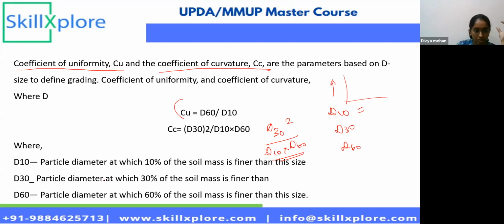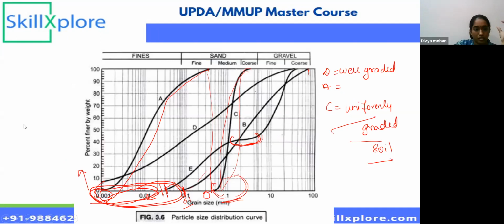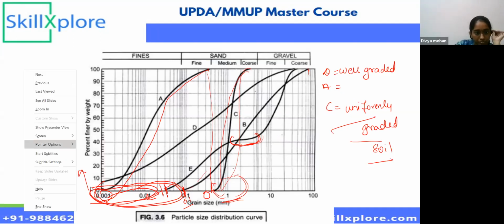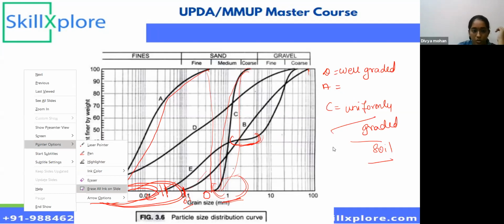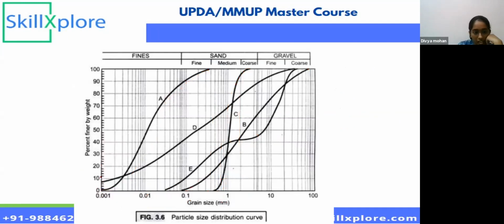We'll take this A graph, and here, for example, I'll take 0.005. So this value will be the D10 for this A graph, because only 10% of the soil particles will be less than this size.